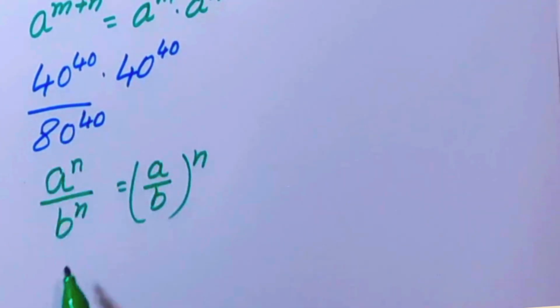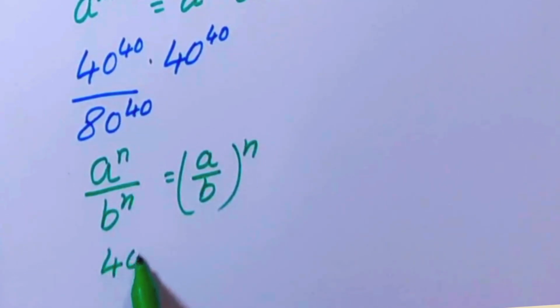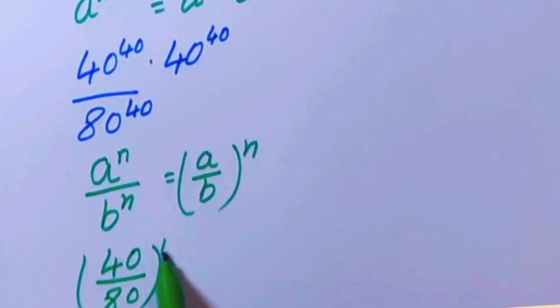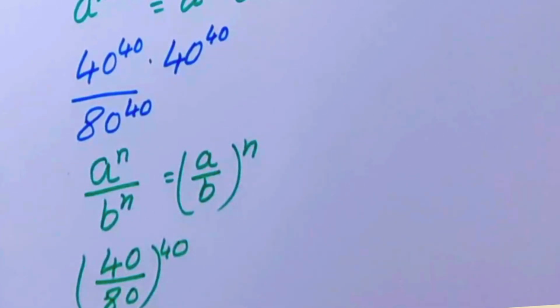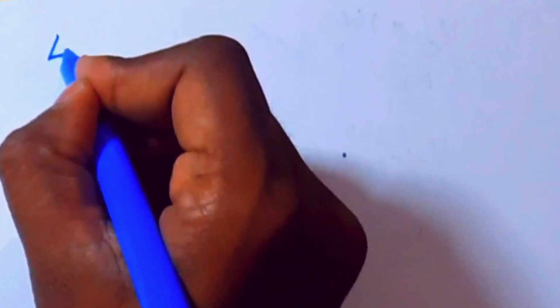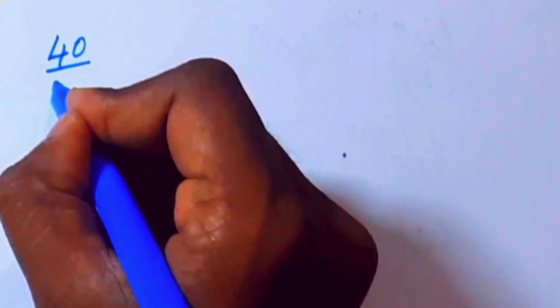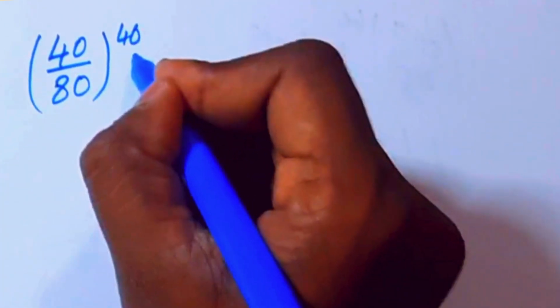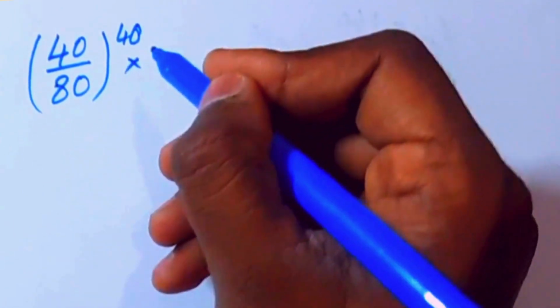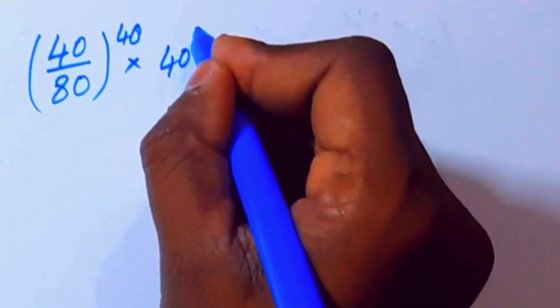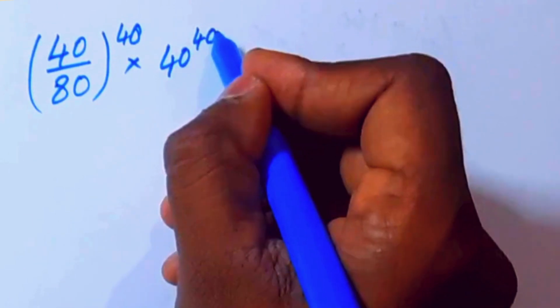So this can be written as (40 by 80) whole power 40 times 40^40.